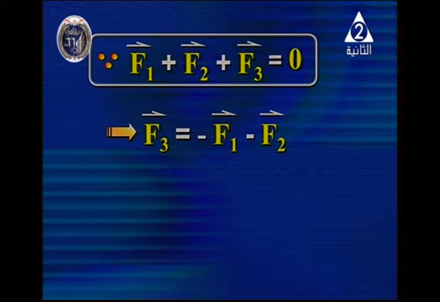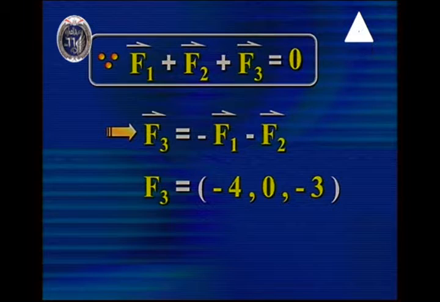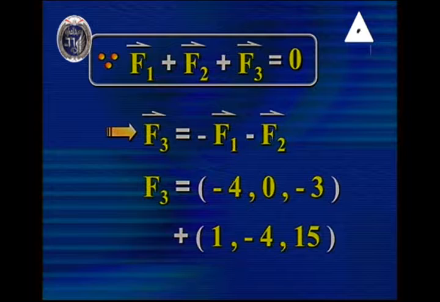We find the value of vector F3 by subtraction: negative 4, 0, negative 3 plus negative 1, negative 4, 15.